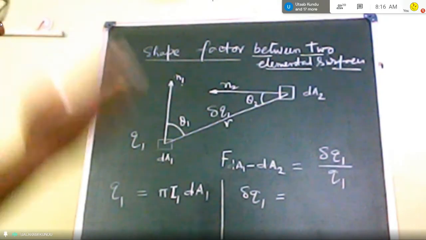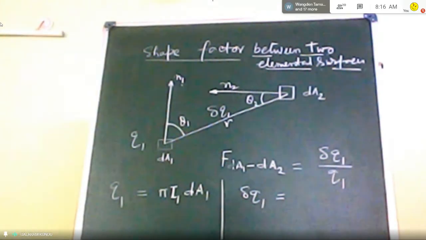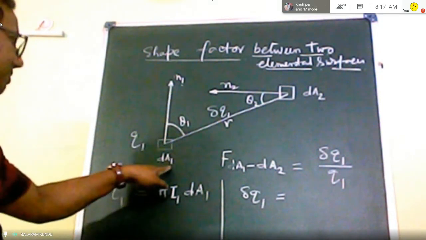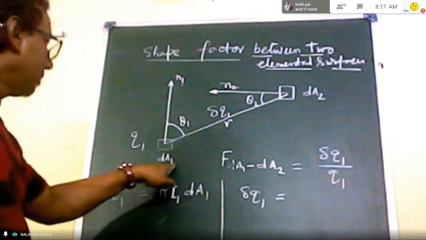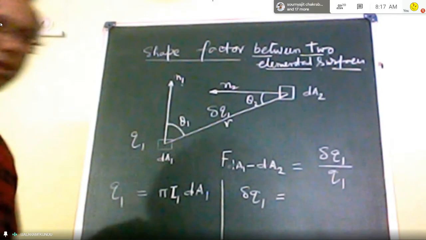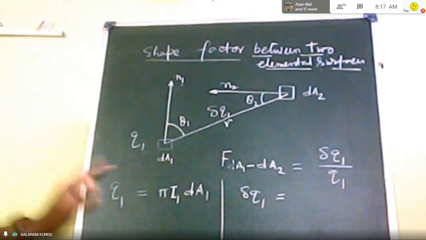the component of intensity should be equal to what? The area is there, that is dA1, and the component of dA1 in the R direction. The component of dA1 in the R direction is not correct.